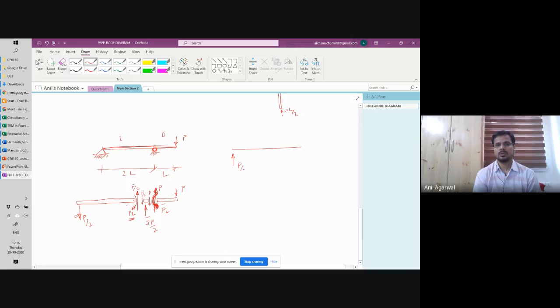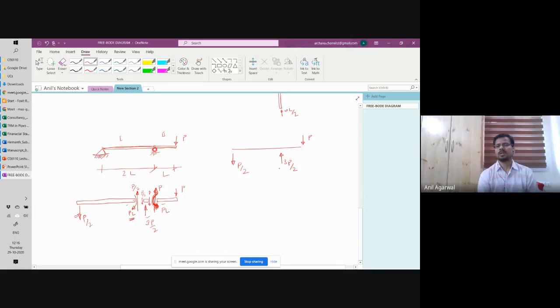Okay, so drawing the reactions, you've got P by 2 here, 3P by 2 here, and you had force P here. Are the vertical forces balanced? Yes, sir. Were you able to understand this entire thing, whatever we did just now?